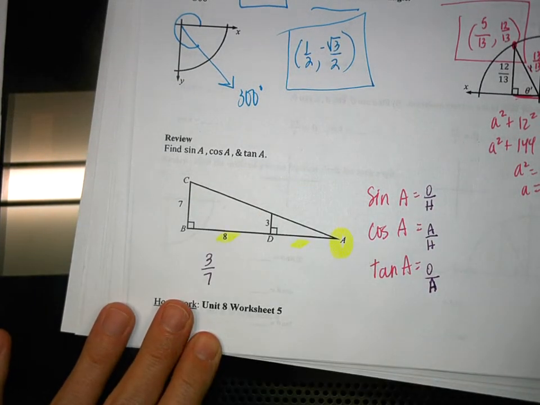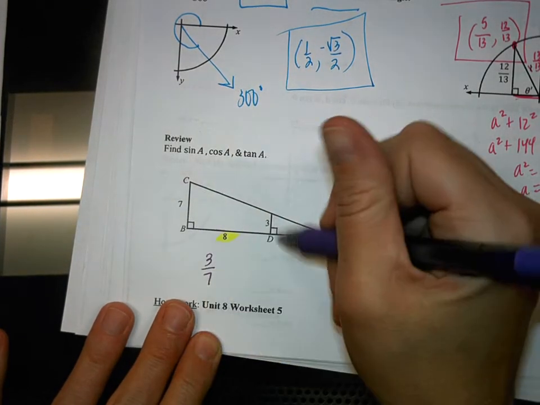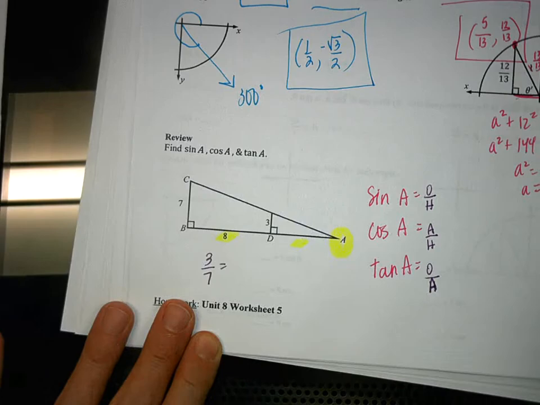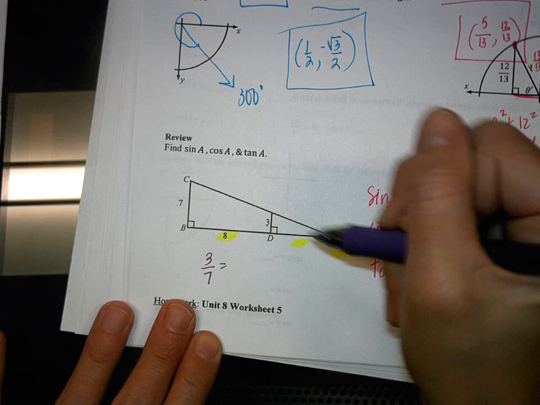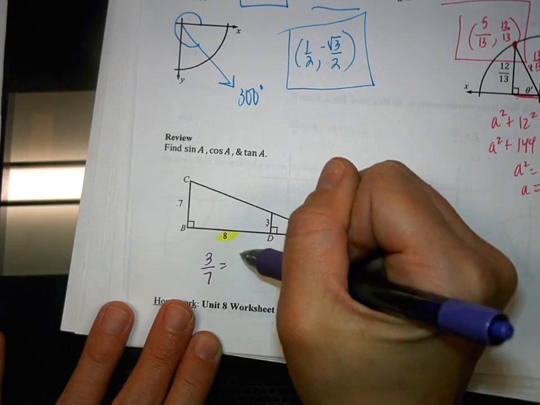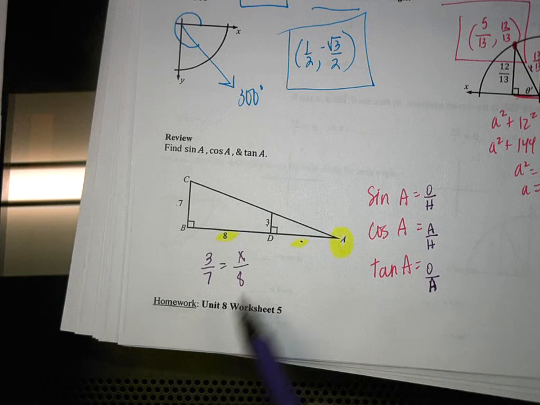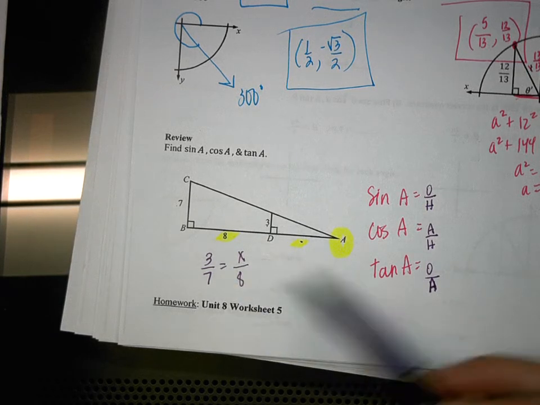Since these are both 90 degrees, let's see what happens. We're putting 3 over 7, which means what we're missing right here, we're going to call x over 8. I don't think that's going to work, because they haven't given us enough information.